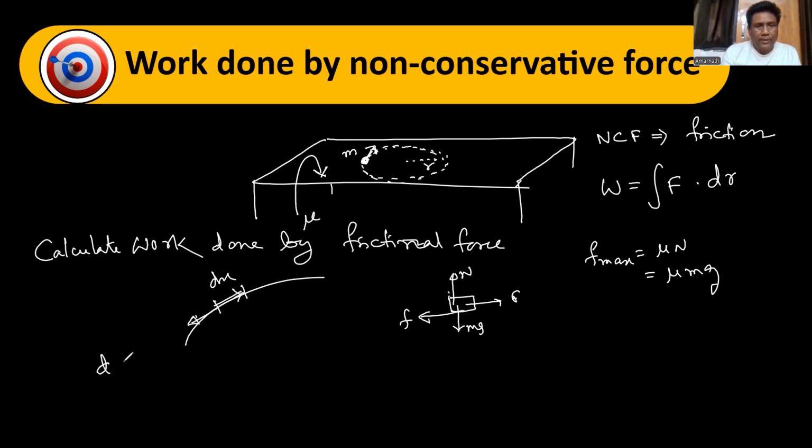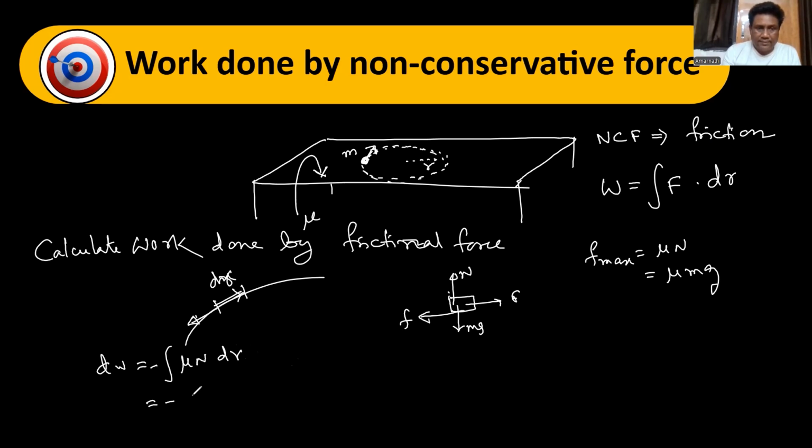So dW will be what? dW will be the frictional force, that is mu N, times the displacement dx, or you can say dr also, no problem, times cos 180 degree. It means it is -1 because both are in opposite directions.